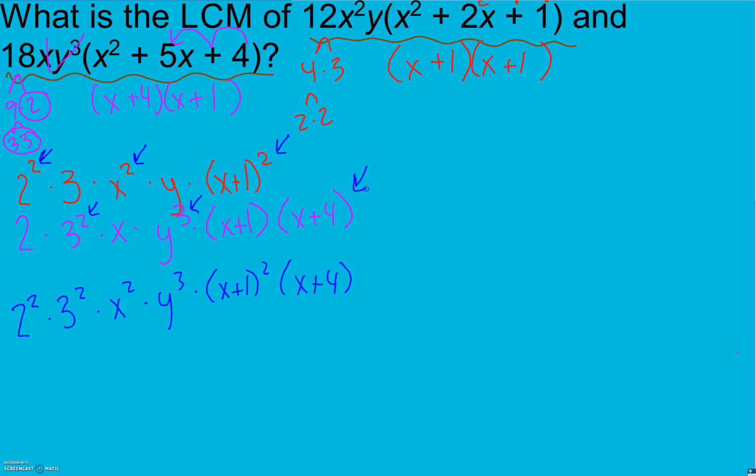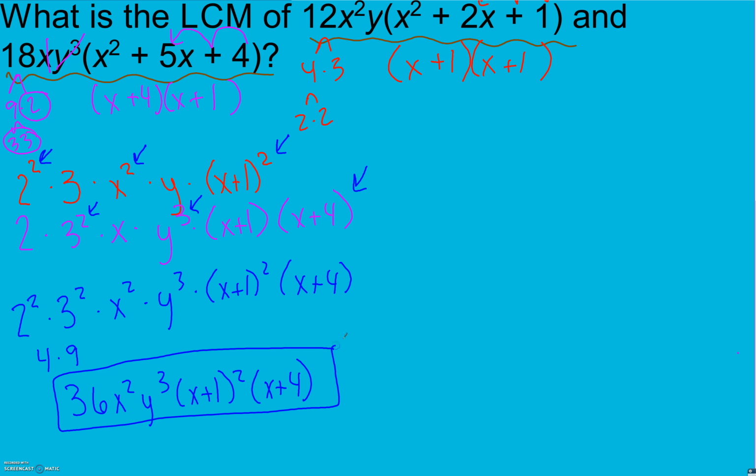And I just have this in one column, but that's okay. Now I can simplify this a little bit. 2 squared is 4, 3 squared is 9, so 36, x squared, y cubed, x plus 1 squared, x plus 4. And this right here is my least common multiple.